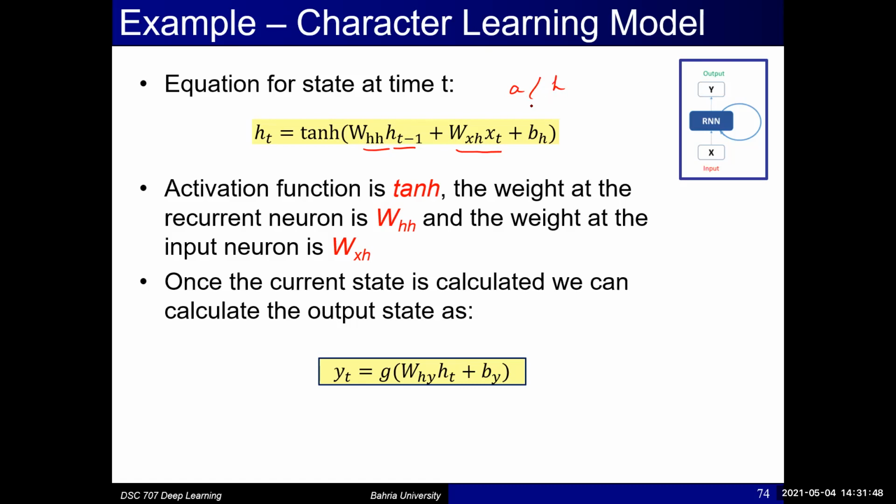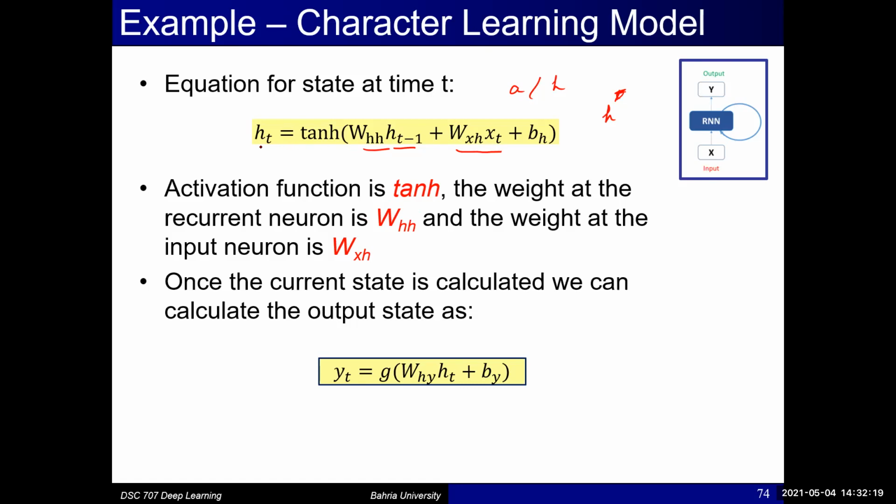Since previously we had only one hidden state, I was using the term A. Now we can have multiple, so I will be using H, and sometimes a superscript to tell the layer number. But for this example, we have only one hidden layer, so we don't need this superscript. Please do not think what is this H. This H is actually the same notation which was A previously. We have just changed the variables to be consistent with the rest of the terminology.